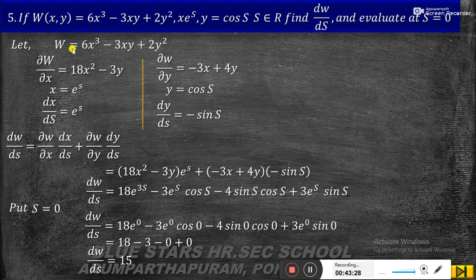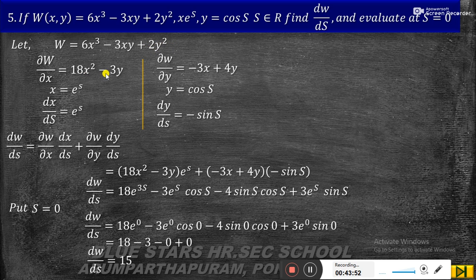So now w equal to 6x cube minus 3xy plus 2y square. Dou w by dou x means we differentiate with respect to x. So 6 into the derivative of x cube, which is 3x square, minus 3y into the derivative of x, which is 1, so minus 3y. The third term has no x, so the derivative of 2y square is 0.